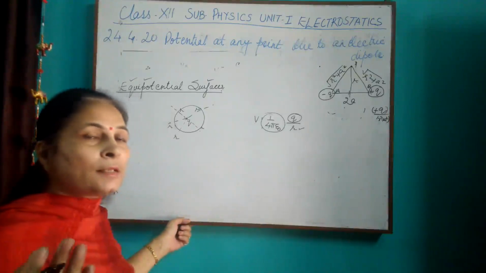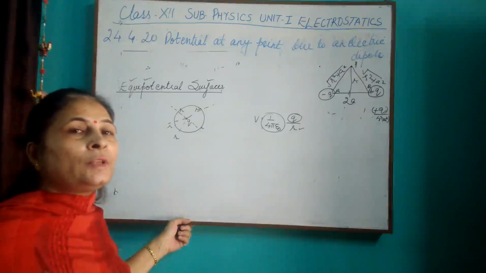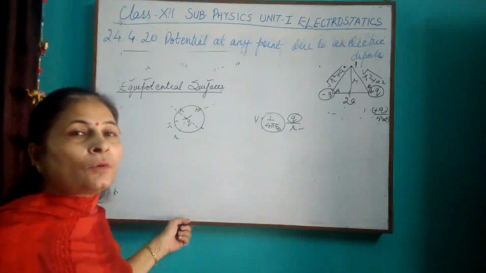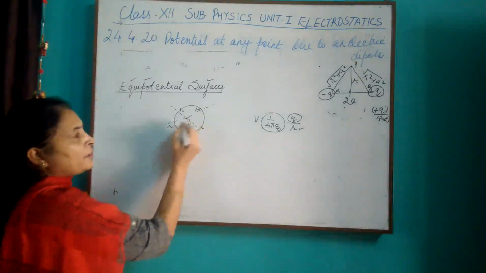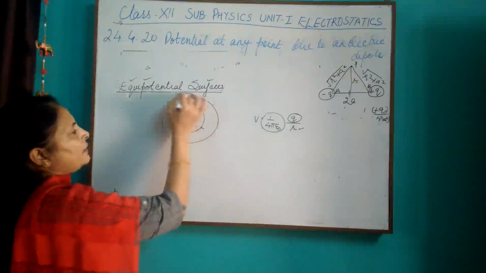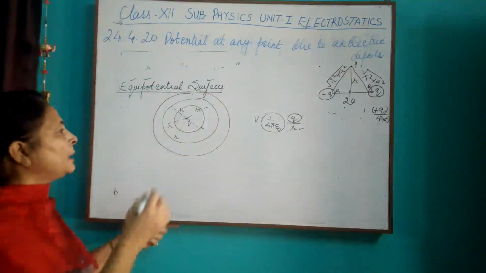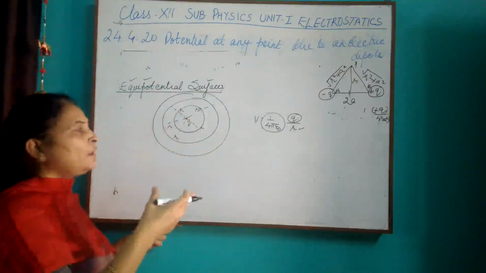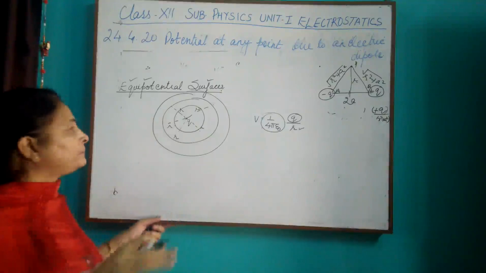Whereas in that case, since directions were different at different places, we say that electric field is not same at all the points. So equipotential surface for a point charge will be spherical in nature, like this. You got to make a sphere of given constant radius using a compass.